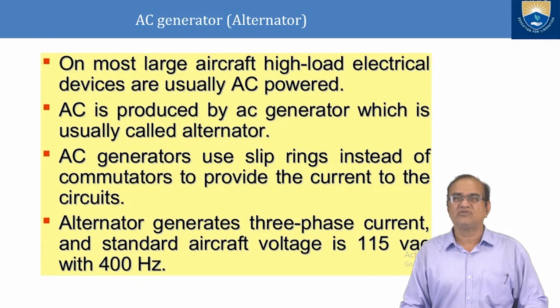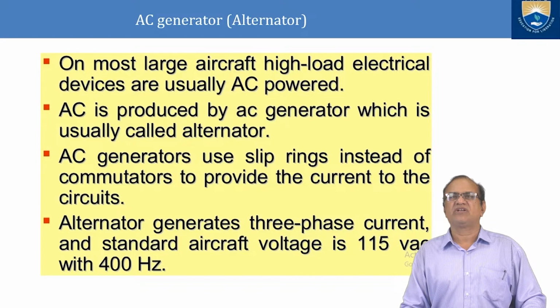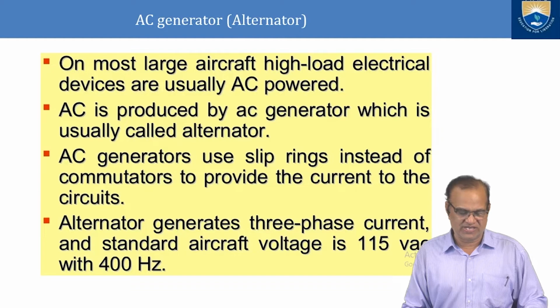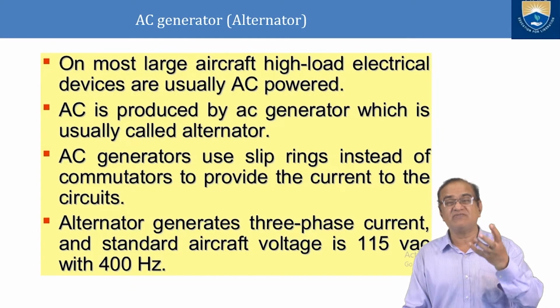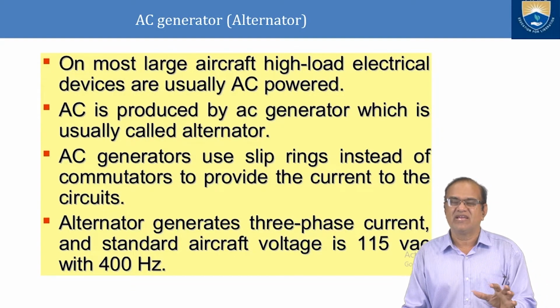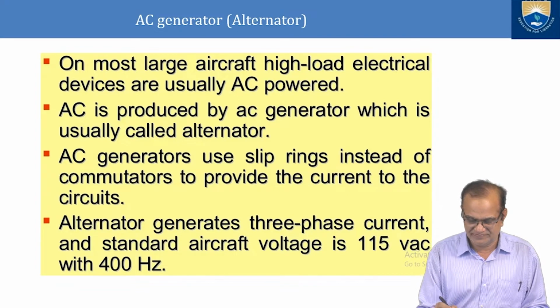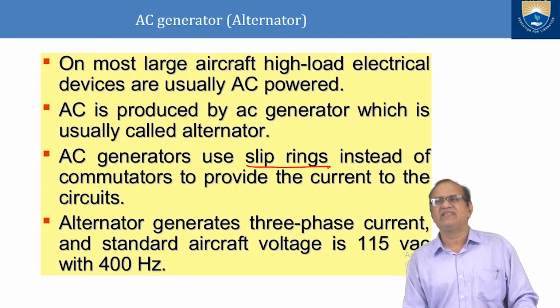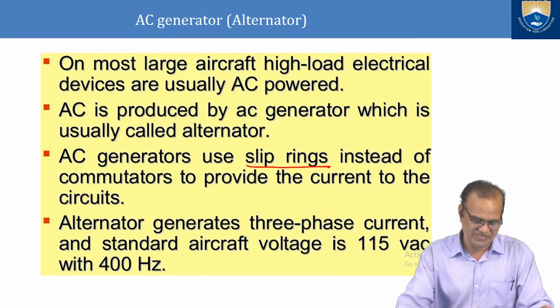AC generators use slip rings instead of commutators to provide the current to the circuit. So in the DC we use the commutator, but here we use the slip ring, and this will provide the AC.